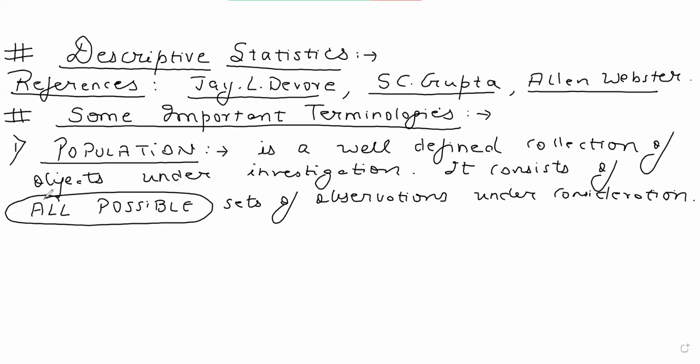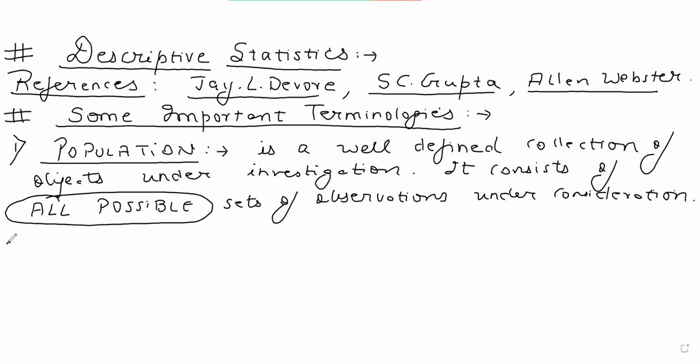If I have to check how the students are performing at postgraduate level in economics, how their scores are in the US economy or the UK economy, then my population is going to be the set of all possible universities in that particular economy, either US or UK. So population is the set of all possible observations under study. You are not excluding any observation. You are taking into account all possible observations.